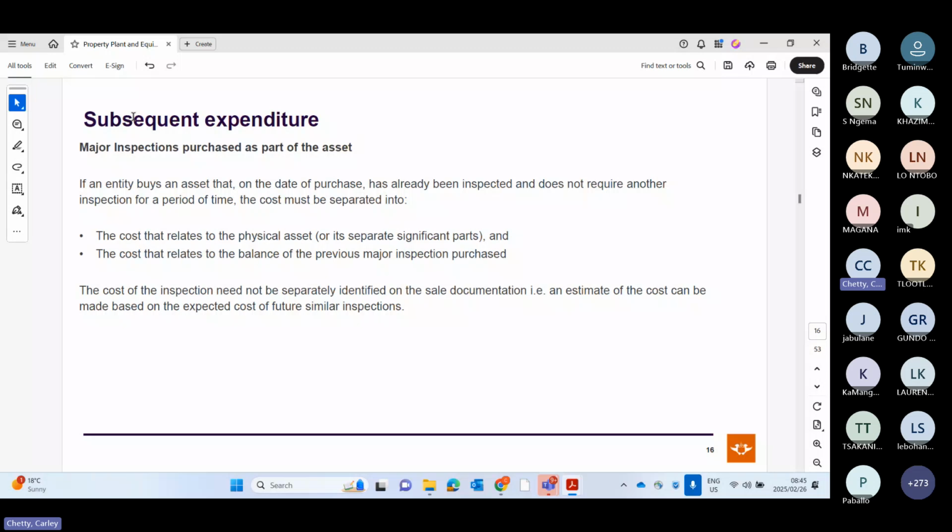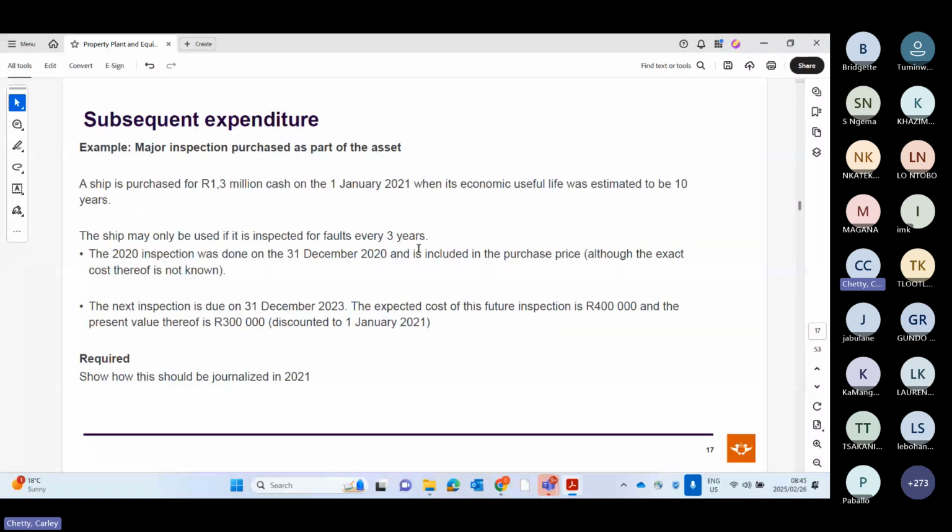So here we have a major inspection purchased as part of an asset. So the ship is purchased for 1.3 million cash on 1 January 2021, when its economic useful life was estimated to be 10 years. The ship may only be used if it is inspected for faults every 3 years. The 2020 inspection was done on 31 December 2020 and is included in the purchase price, although the exact cost thereof is not known.